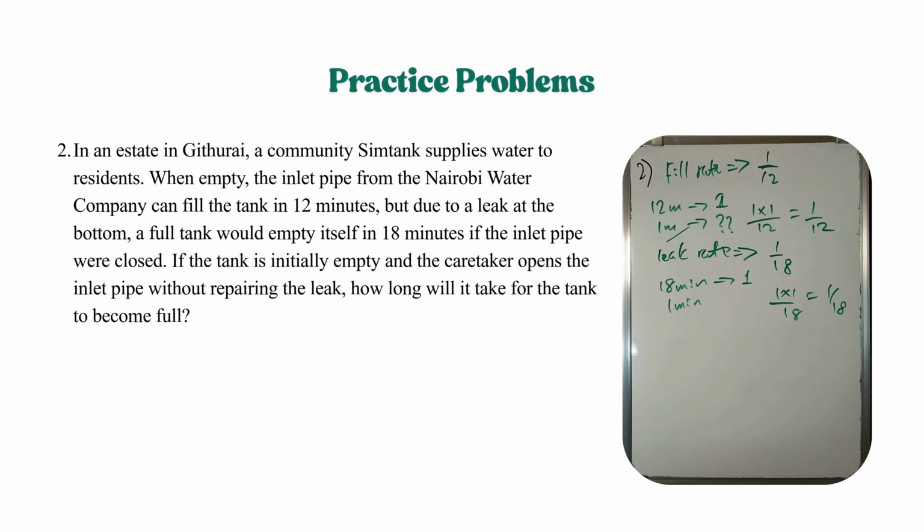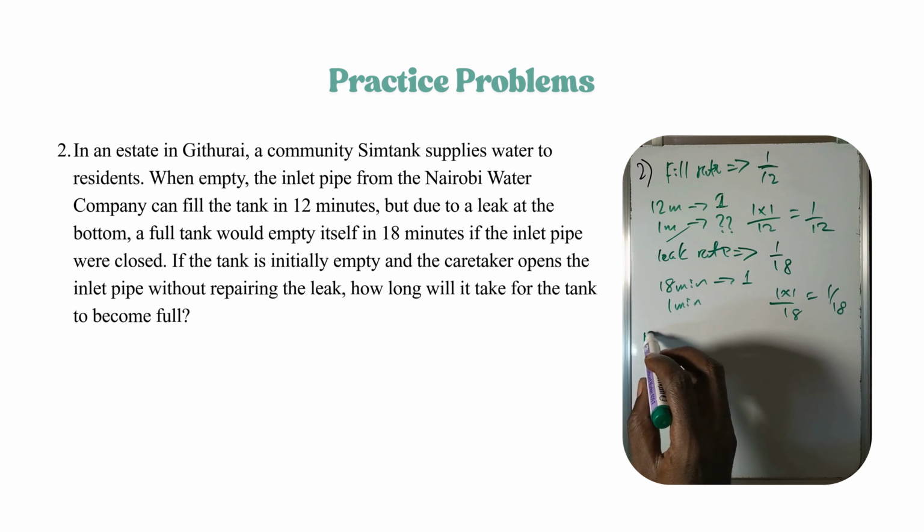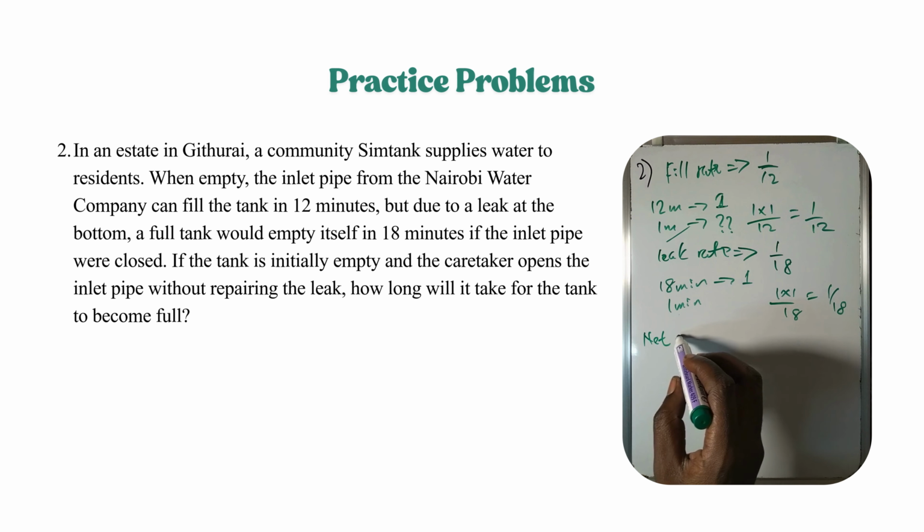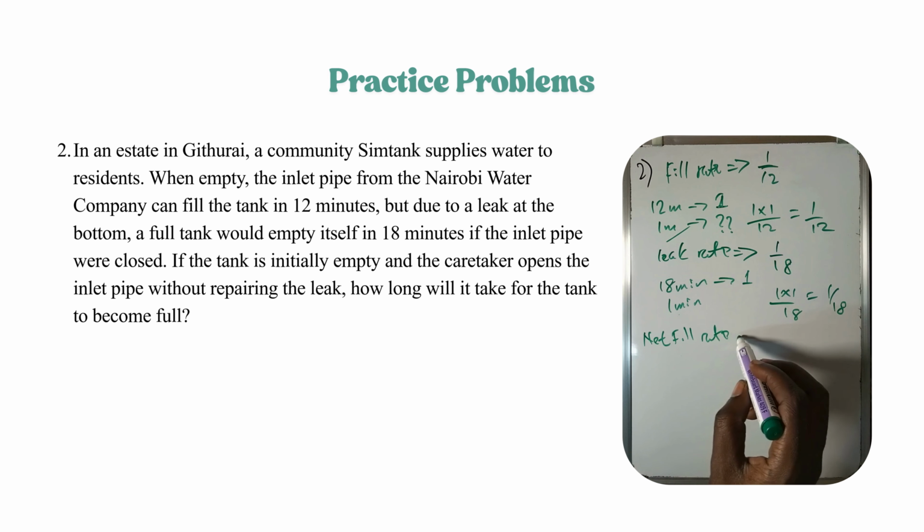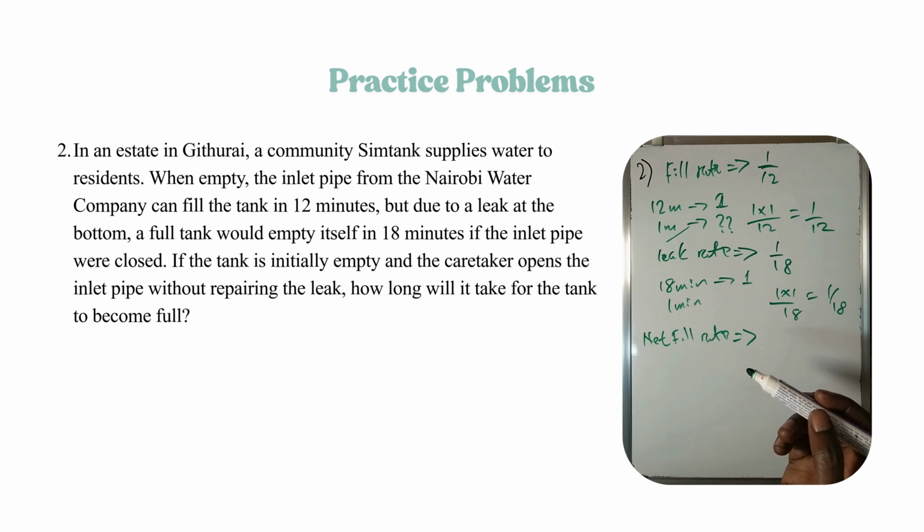But now if the fill and the leak are running together, we are going to have the net fill rate. The net fill rate will be 1 over 12, which is the fill, minus the leak, which is 1 over 18.